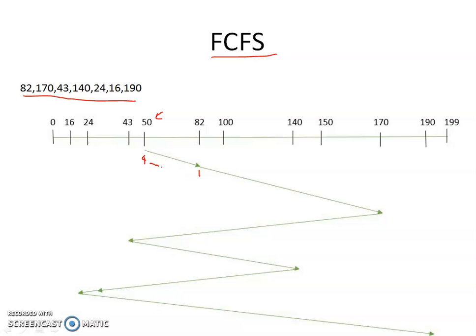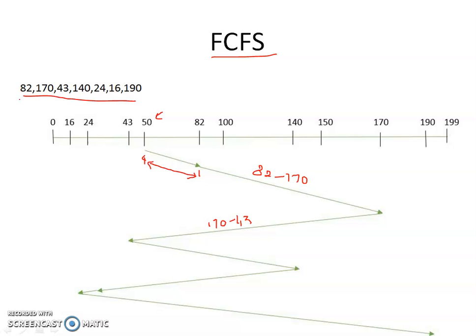So the difference you need to take is 82 minus 50, plus, then from 82 where it is moving to 170, 170 minus 82. Then from 170 to 43 it comes, so 170 minus 43. These differences you need to take, and take the summation of each difference.